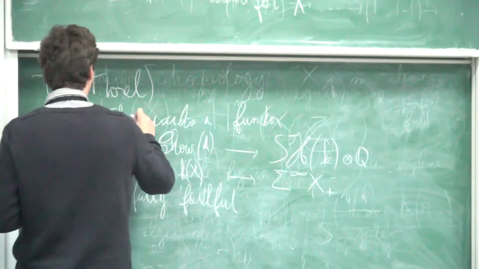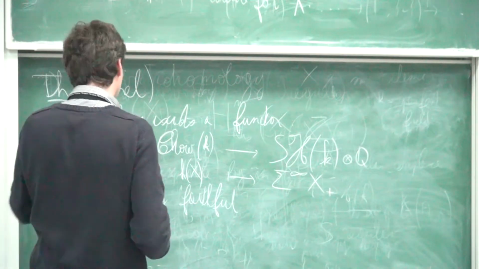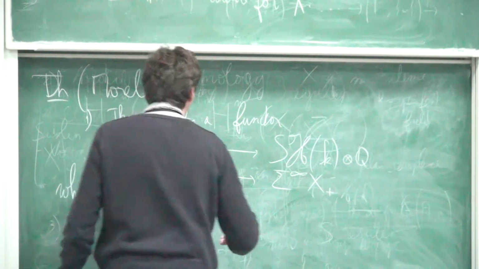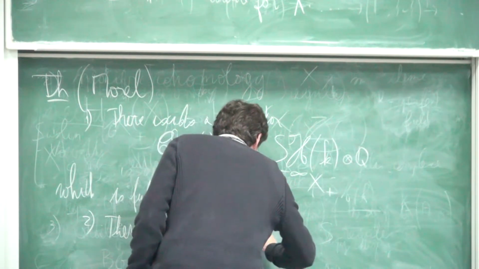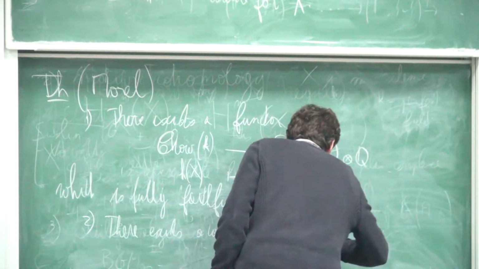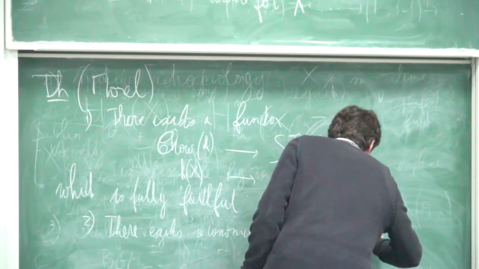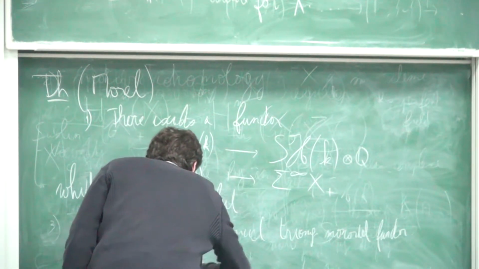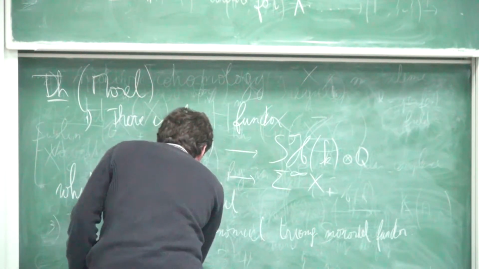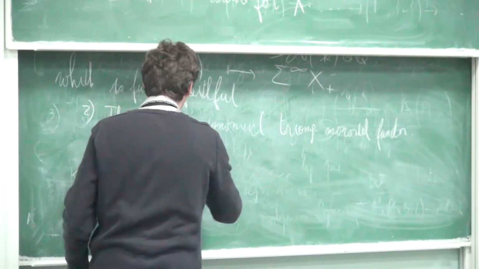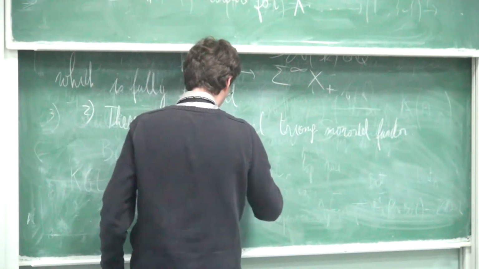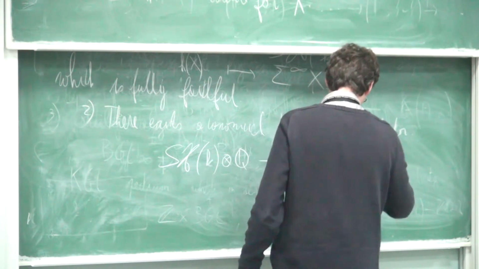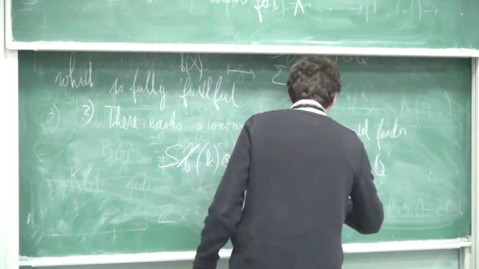Okay, and in fact this point follows from a stronger statement, which is the following: there exists a canonical triangulated monoidal functor between the stable homotopy category of schemes after rationalization and Voevodsky's category with Q coefficients of mixed motives.